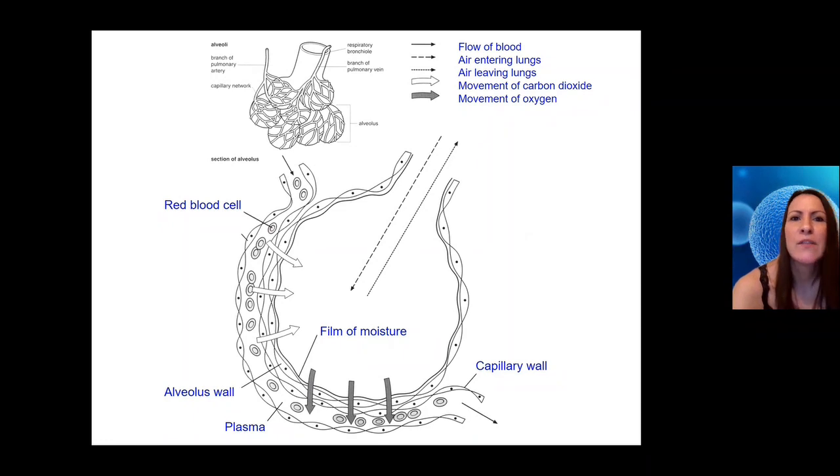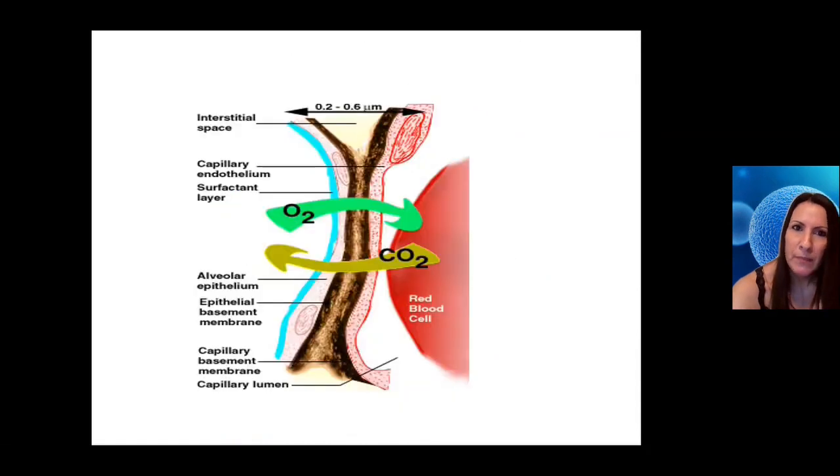So all of this diffusion happens due to these concentration gradients, because of the difference in concentration between the oxygen and the carbon dioxide in the alveoli and the blood capillaries surrounding them.